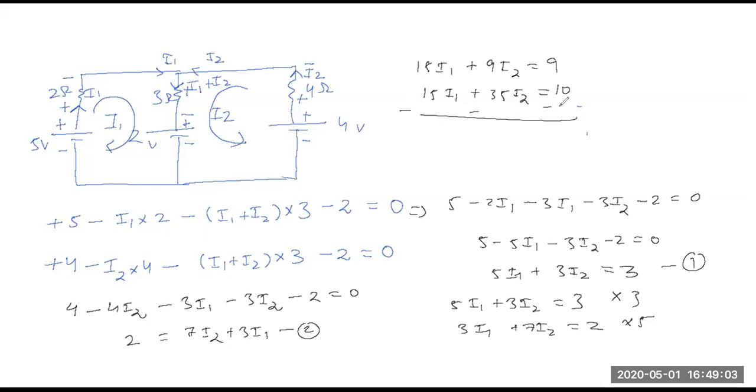So if I'll subtract, what I am getting is these two will get cancelled out. This will be 35 minus 9. So this will be minus of 26. I2 is equal to minus of 1. So I2 what you are getting as 1 by 26. Right?